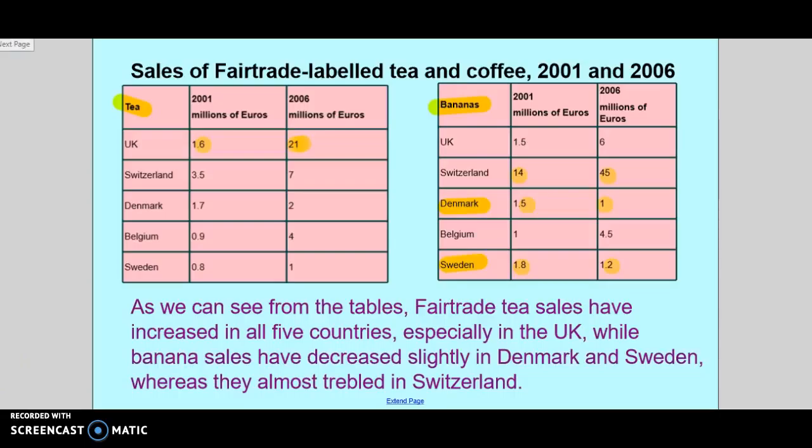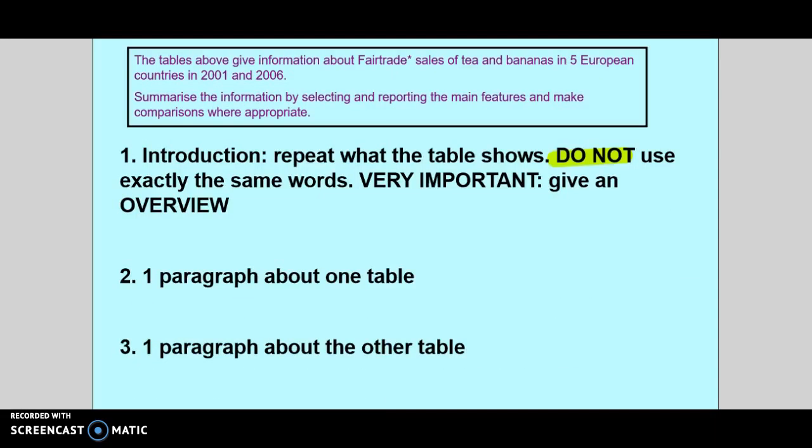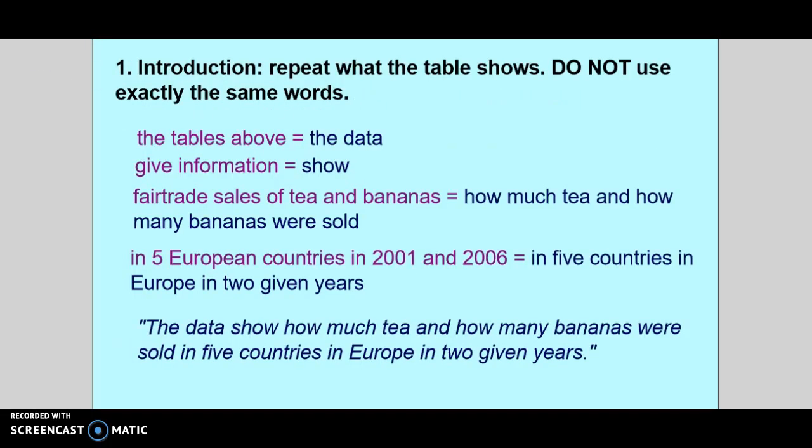Now next time, why don't you try and give it a go? Why don't you try and write an IELTS task 1 for this task here. So the tables above give information about fair trade sales of tea and bananas in 5 European countries in 2001 and 2006. So why don't you try and do some writing, write a nice introduction and a few paragraphs.